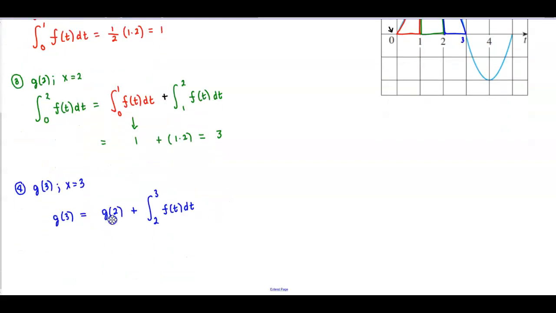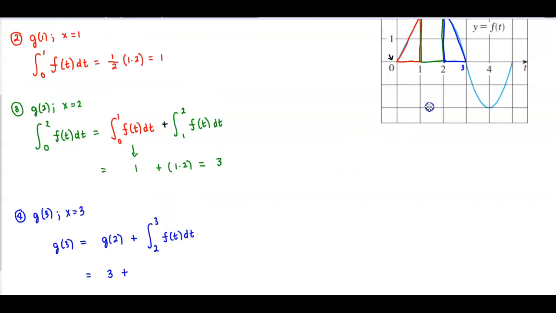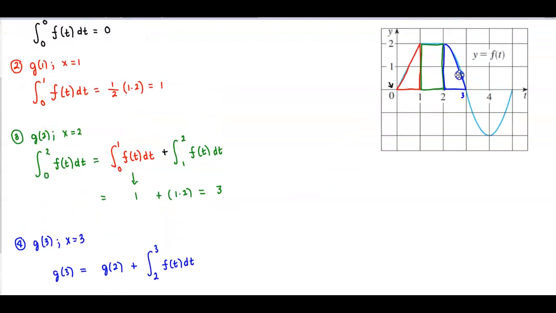We already know that g of 2 in step 3 is equal to 3, plus now we're going to estimate this triangle.